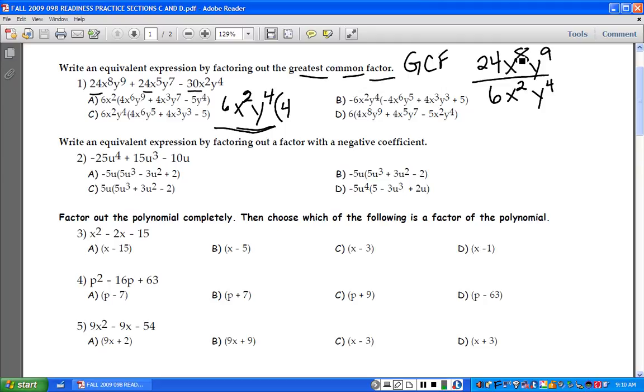Then x to the 8 over x squared. When you're dividing variables with exponents, you subtract the exponents. So 8 minus 2 would be x to the 6th. And then for the y's, y to the 9th over y to the 4th would be y to the 5th. That takes care of the first term.